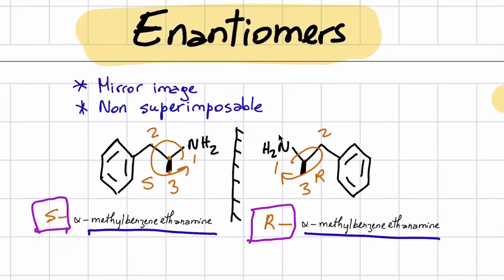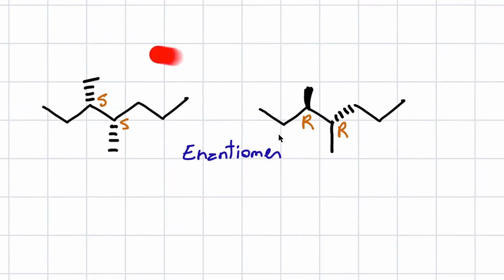But here, guys, we only have one chiral center, right? And I said that we need complete opposite so that we can have enantiomers. Let's look at another compound that has more than one chiral center. After drawing those two and determining, I realized that we have 2 chiral centers on each molecule.